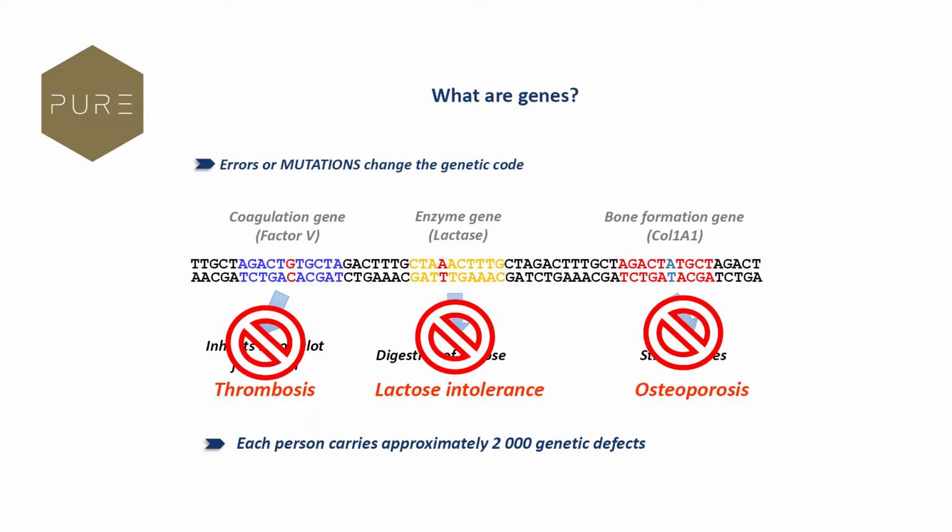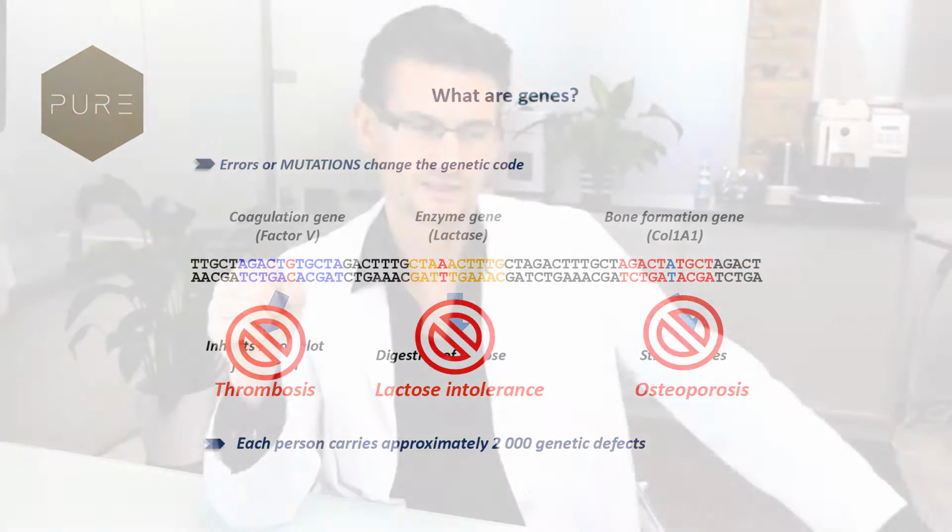It is estimated that every one of us has around 2,000 genetic defects, or more correctly said, genetic variations that influence our body in a negative way. They're not all as severe as causing life-threatening diseases, but they can make our eyesight a little weaker, or they can reduce the effectiveness of our immune system, or make our legs shorter or longer, and so on.